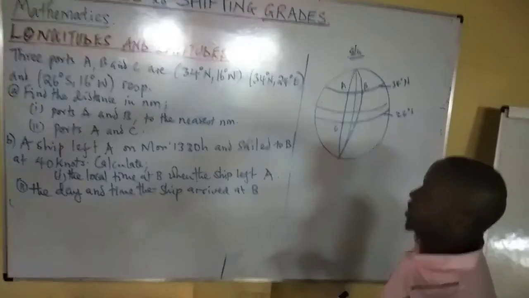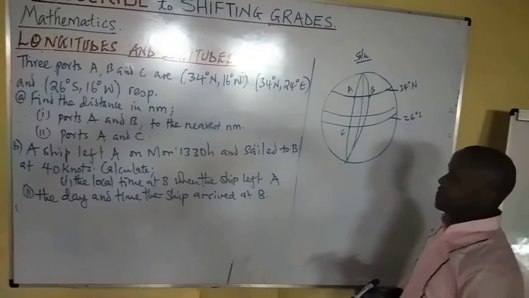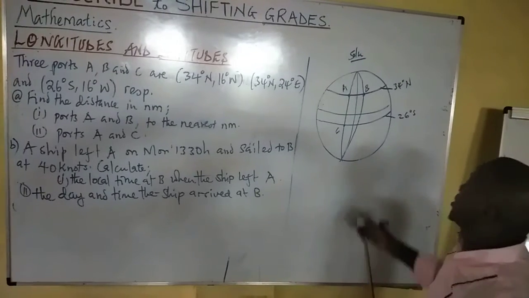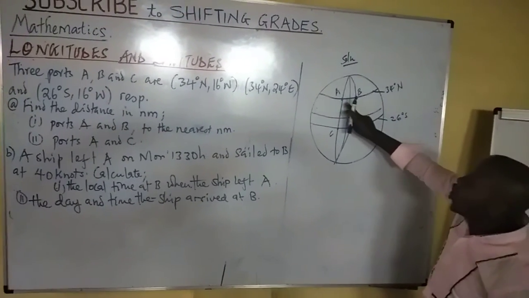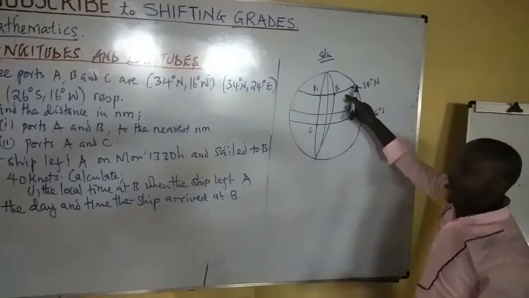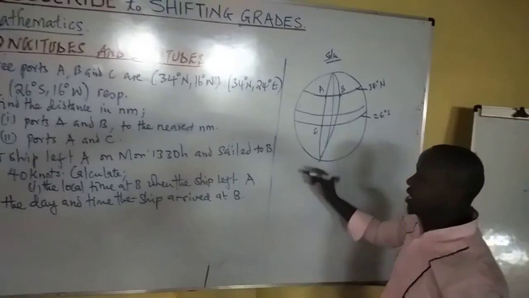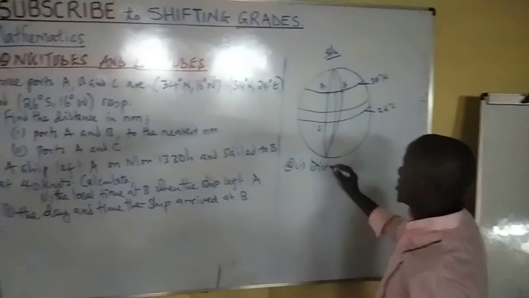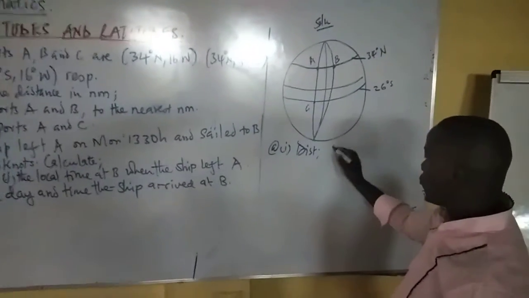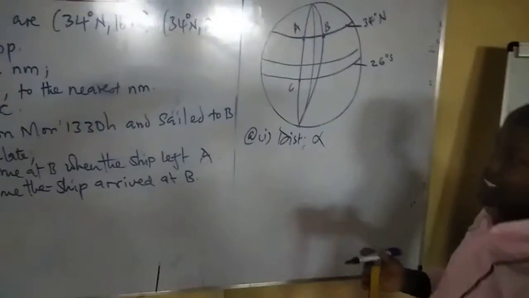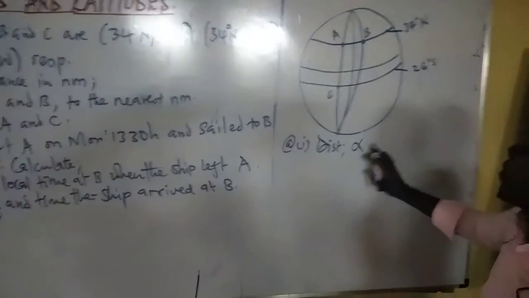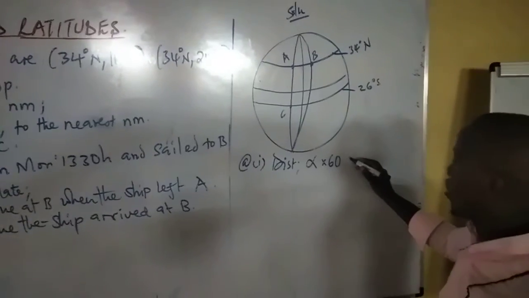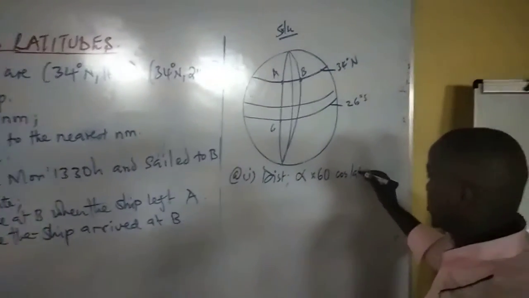So that sketch is very important. Now we go to the question. Find the distance in nautical miles from port A to B. From A to B, it is along a small circle. Distance in nautical miles along a small circle is alpha times 60 times cos latitude.